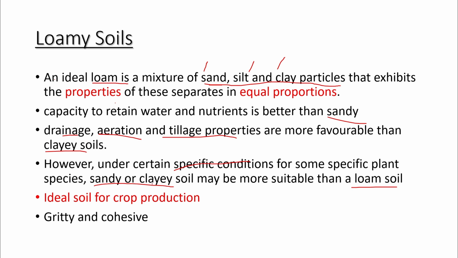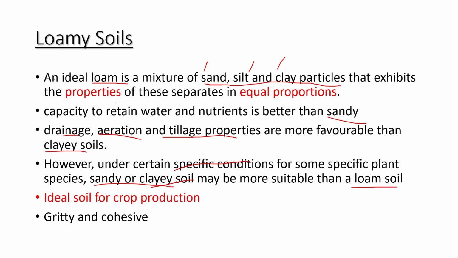This is because when a plant needs more water during its growth stages, then what soil will be suitable? Clay soil. Rice needs water, so rice prefers this clay type of soil, and sandy soil will be favorable for plants that can't tolerate high water content.